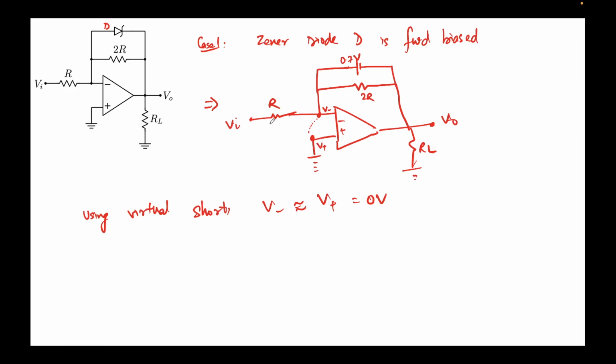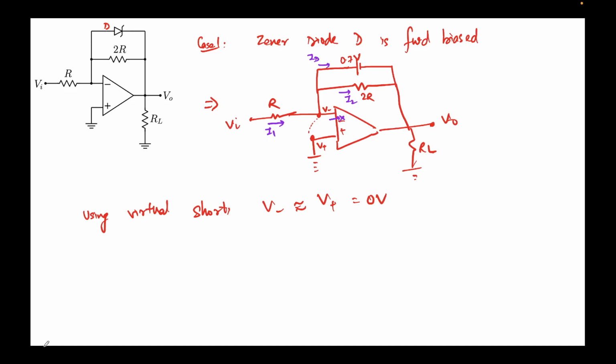Let's say current I1 is in this direction, this current is I2 and this current is ID, and note that no current can flow here because we have assumed an ideal diode.